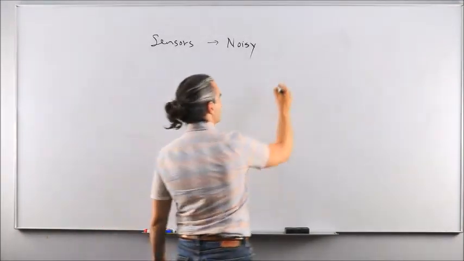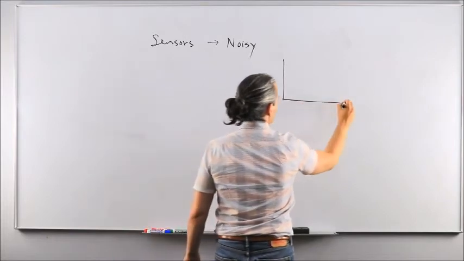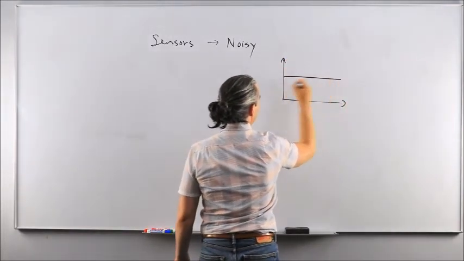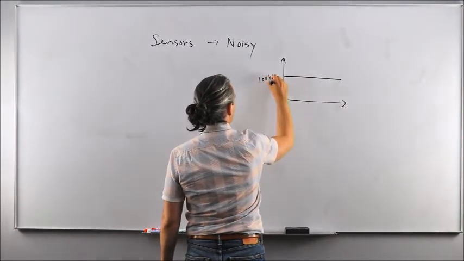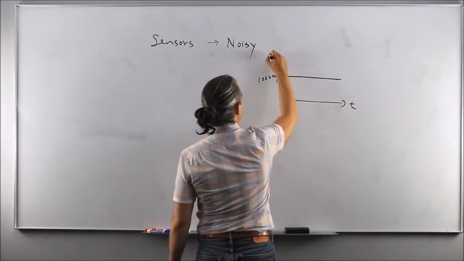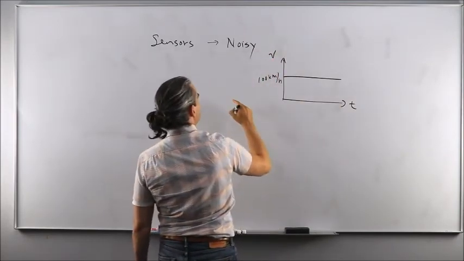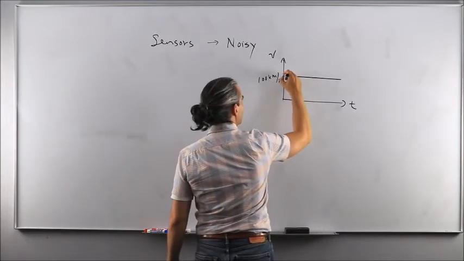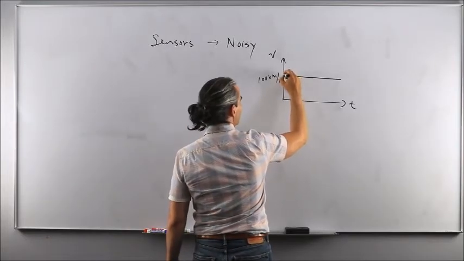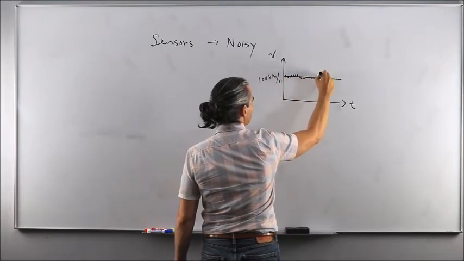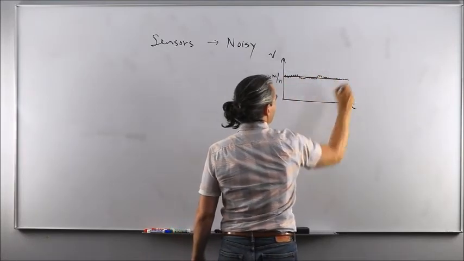So if the real speed of your car is 100 kilometers an hour, as a function of time, that would be speed v, the sensors on board the car might read something roughly equal to 100 kilometers an hour, but with some variations. Okay? Because of the noise.